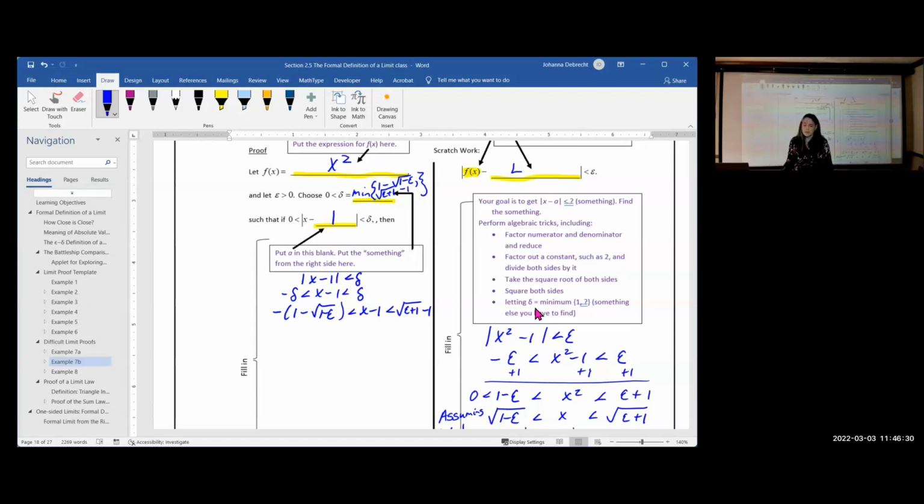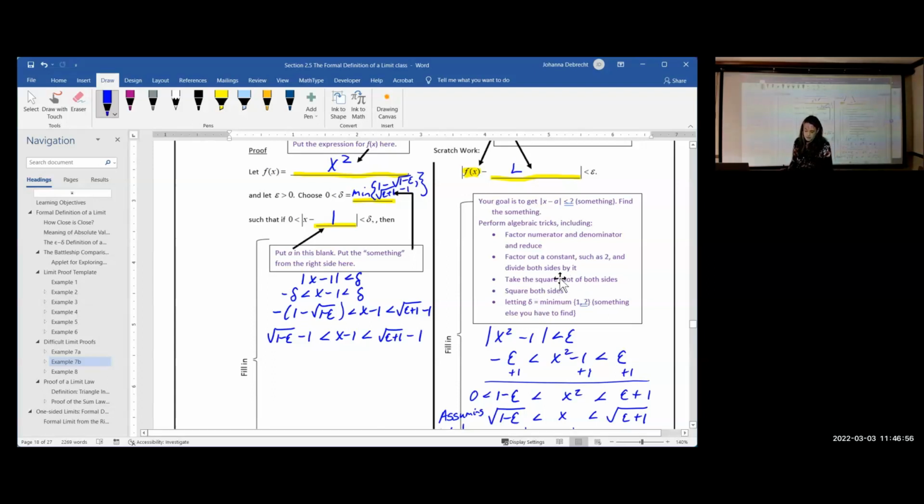And once we get to this point, then we can rearrange and distribute the negative on the left and rewrite the terms as the square root of 1 minus epsilon minus 1 less than x minus 1 less than the square root of epsilon plus 1 minus 1. So we're repeating the steps going backwards up what we did on the right-hand scratchwork side.